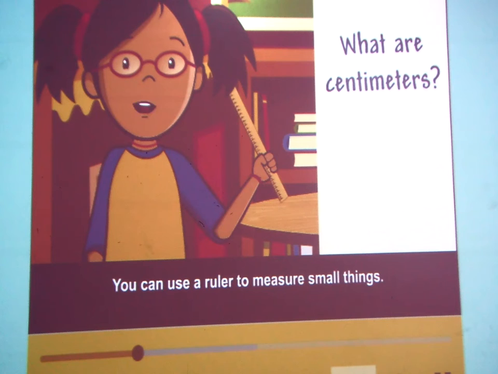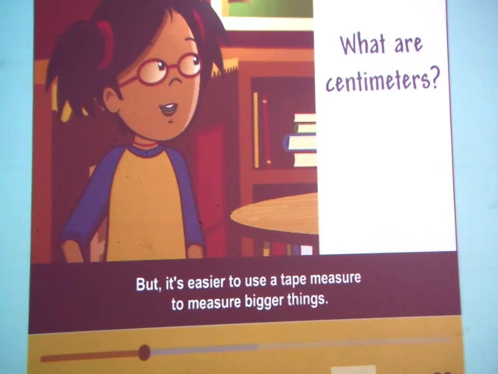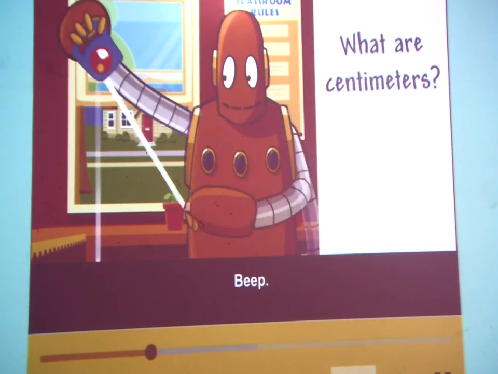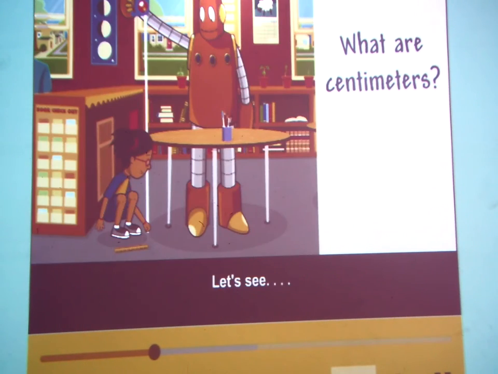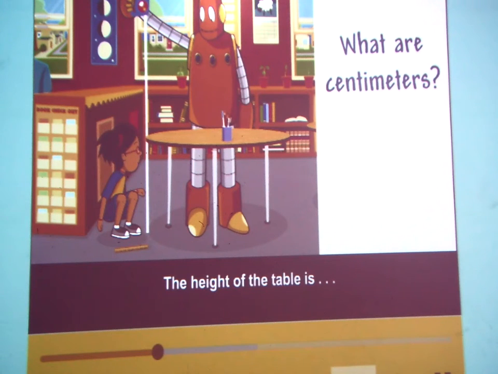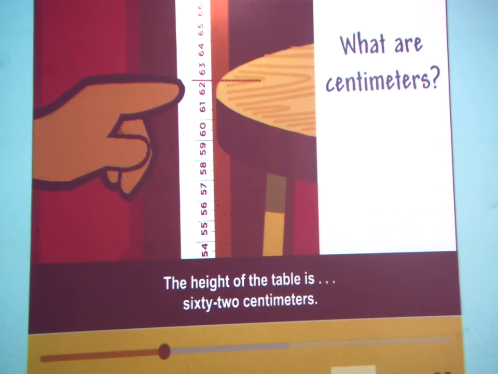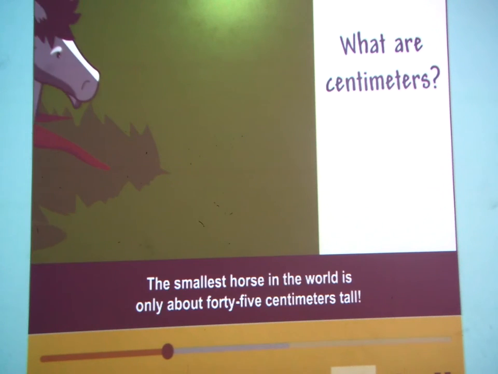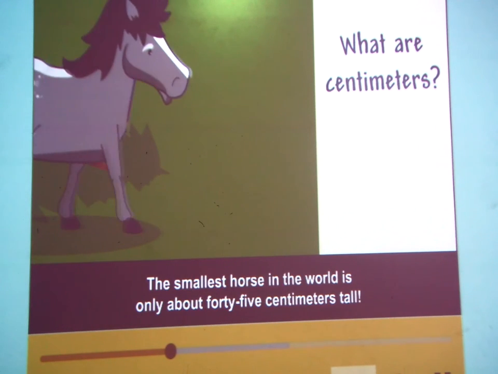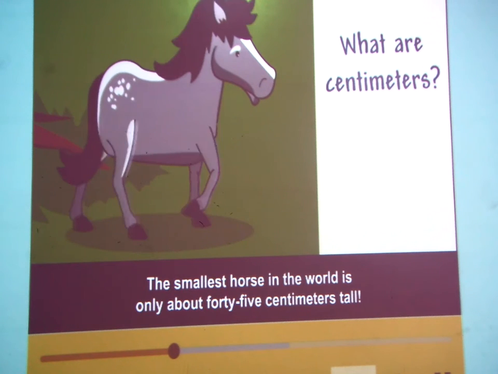You can use a ruler to measure small things, but it's easier to use a tape measure to measure bigger things. Let's see. The height of the table is 62 centimeters. The smallest horse in the world is only about 45 centimeters tall.